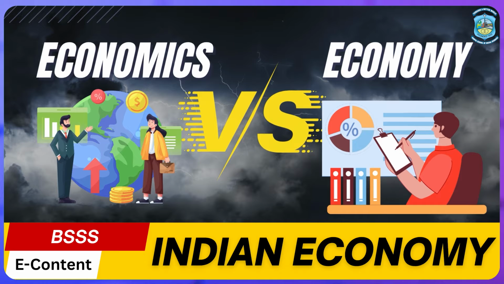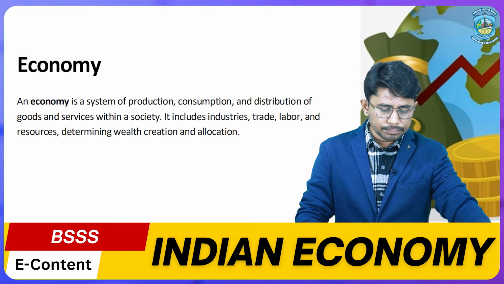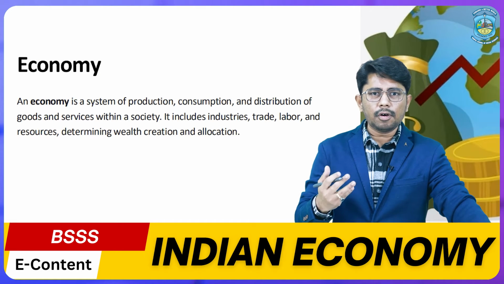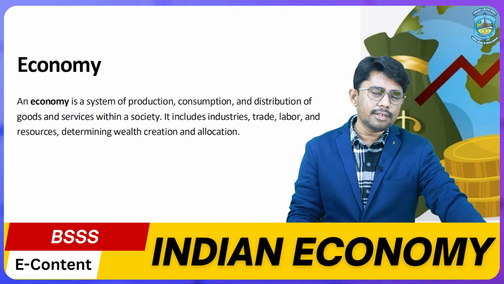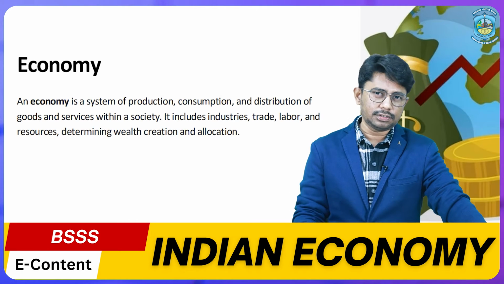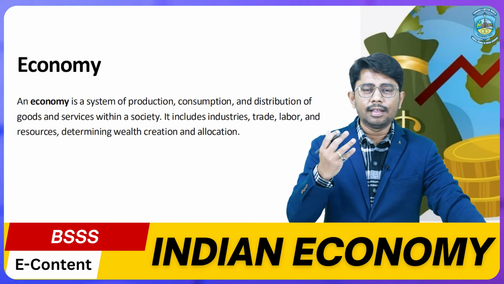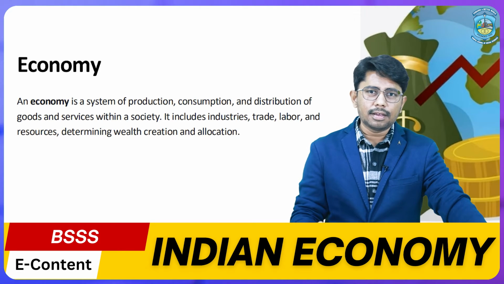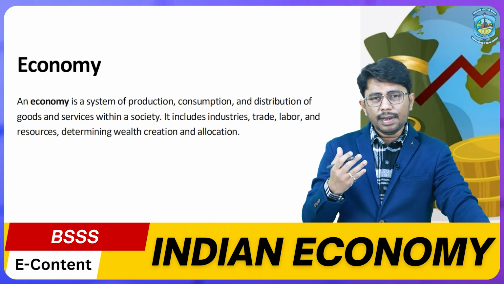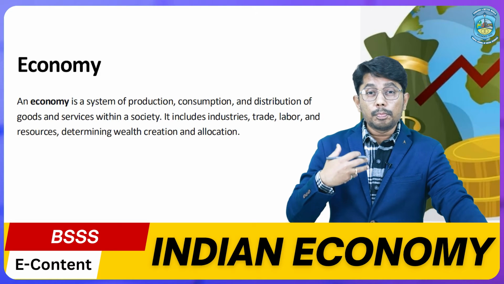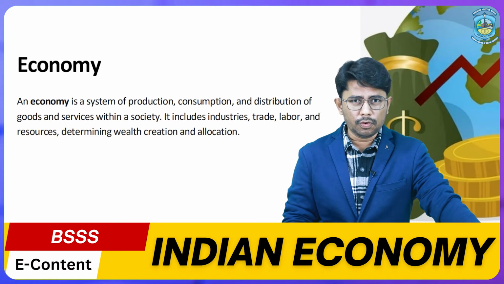Now again, I am giving you an official definition here. An economy is a system of production. We have production, and the economy deals with the system of production. Like we are using lighting, camera, mic, laptop and other things. It's a system. We made a system through which we are producing these services for you all.